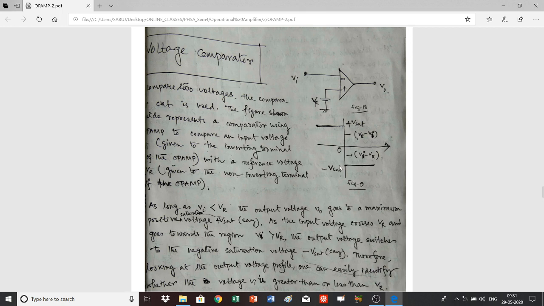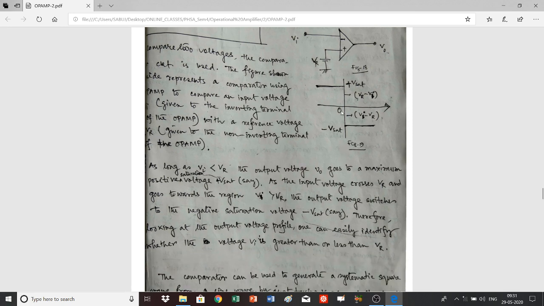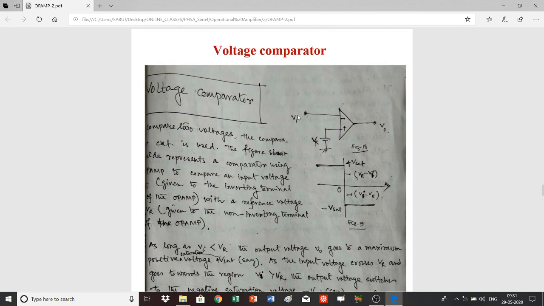So from this graph you can easily understand whether Vi is less than or greater than Vr. In this way this voltage can be compared with this voltage, and the op-amp performs as a voltage comparator.